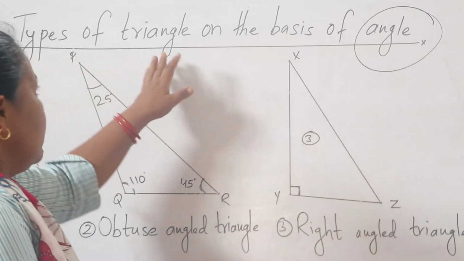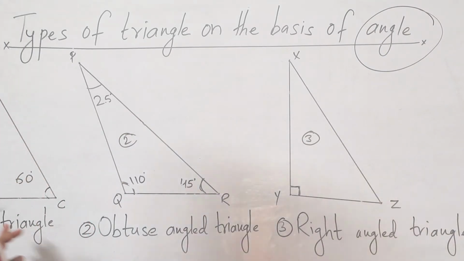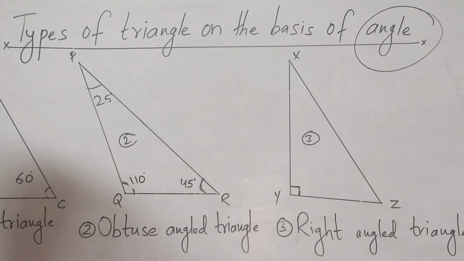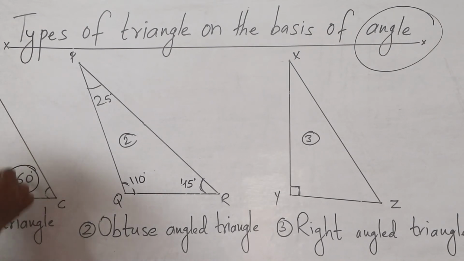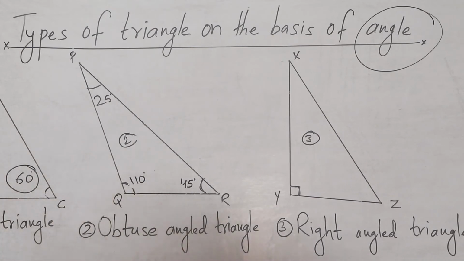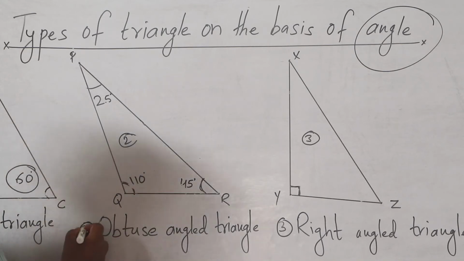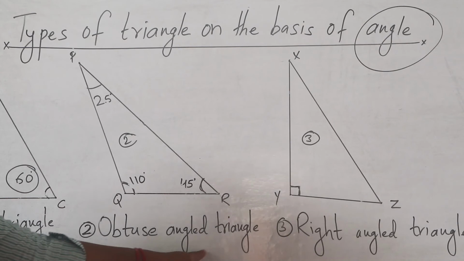Okay, types of triangle. On the basis of angle, we found 3 types of triangle. First type is the acute angle triangle. In an acute angle triangle, all the angles are acute, or all the angles are less than 90 degrees. And second type is the obtuse angle triangle.